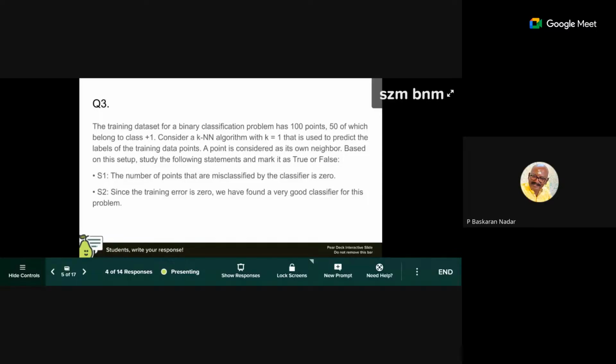Tell me what was wrong in the logic I have said. There's nothing wrong with the logic. So we have got 100 points, and everybody has been declared correct by the algorithm. At the same time, any new test point cannot be classified. It will remain as what it was.